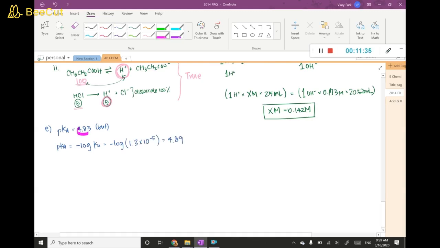Oh, look, guys, the pKa values of both are very similar to each other. They are so close to each other that we don't really need a different indicator for the titration, okay? Because indicators can cover a plus or minus 1 range of the equivalence point. Okie dokies? And that's it.